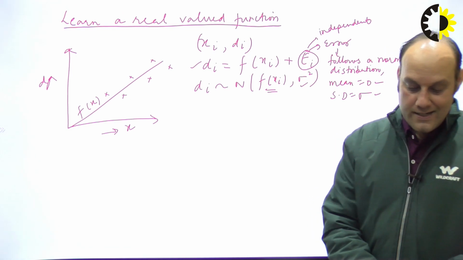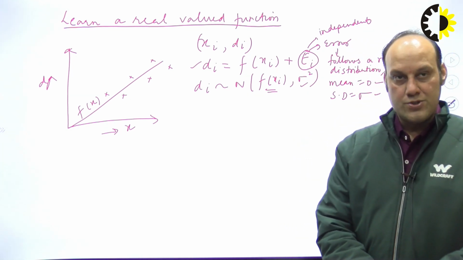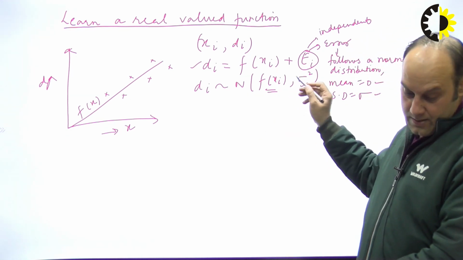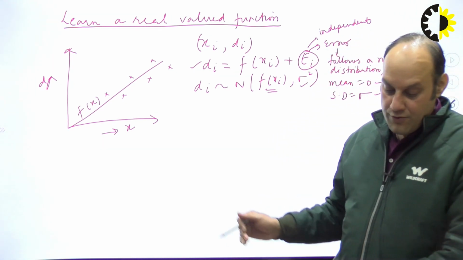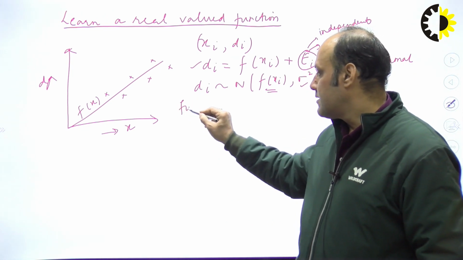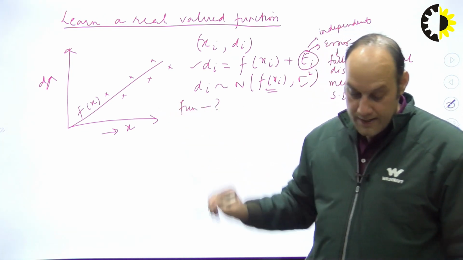So we can say that data is generated as normal distribution f(xi), sigma square. So now we have to find the function.